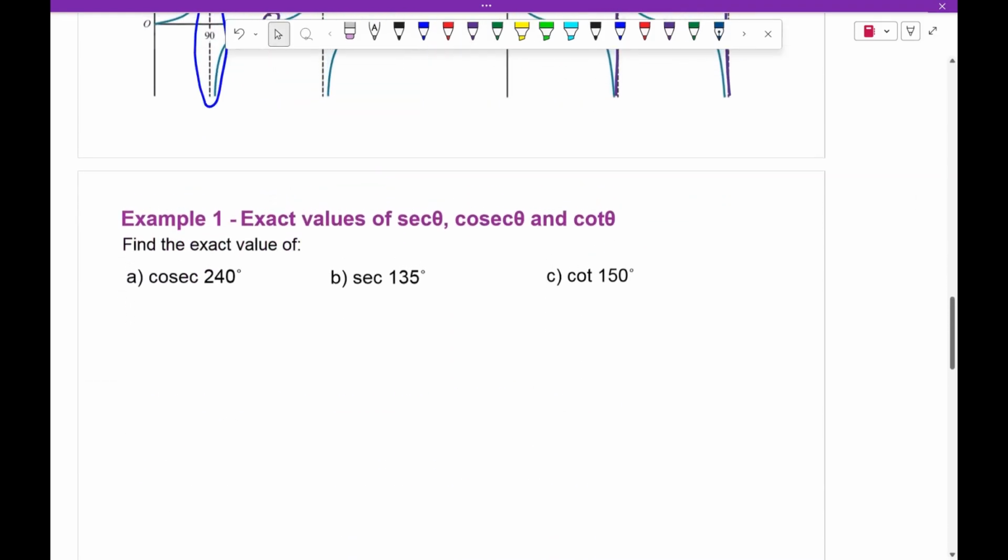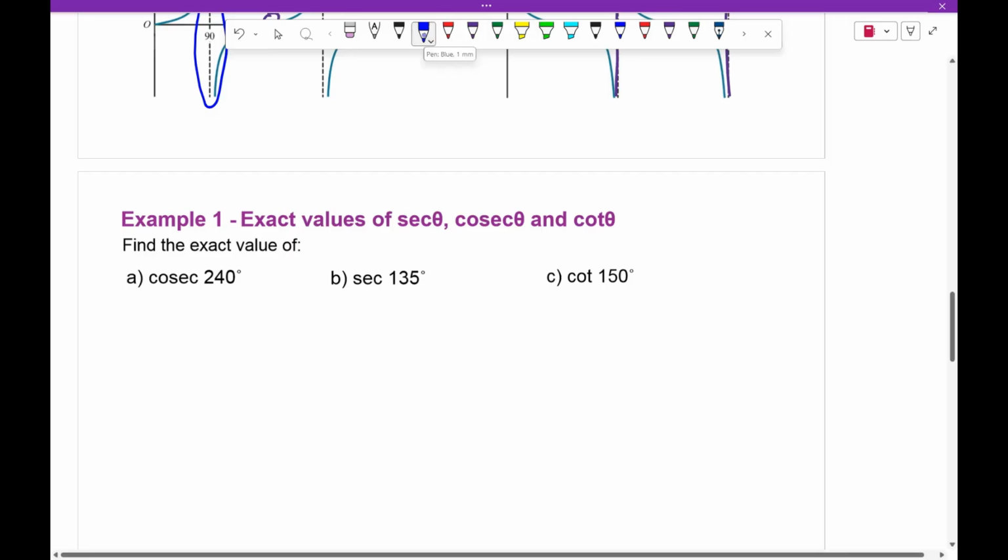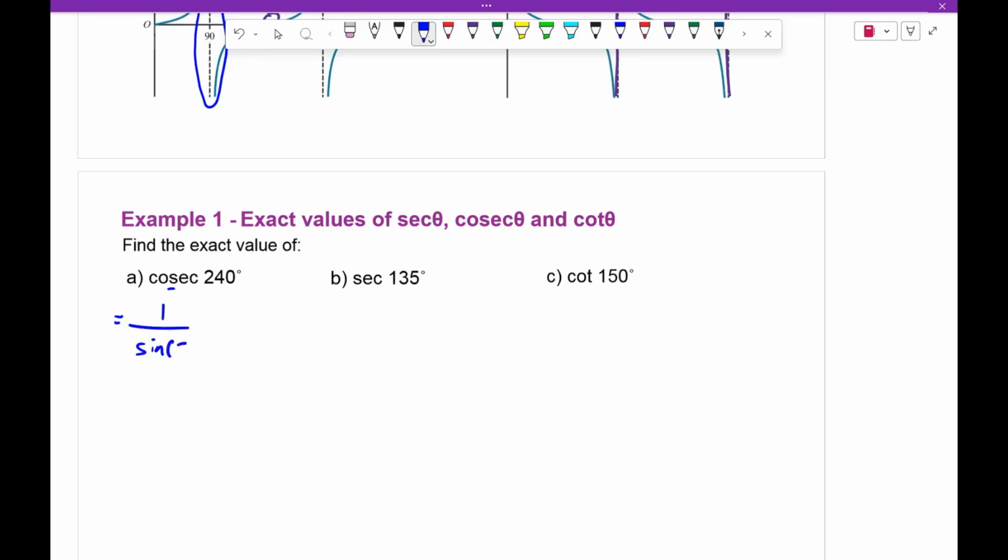So, let's have a look. Find the exact value of the following. So we've got cosec 240 at first. So, 也就是讲这一个 is equals to, 因为这个是 third letter 嘛, so that results into sine 240. Right. So if you type in your calculator, feel free to do so.